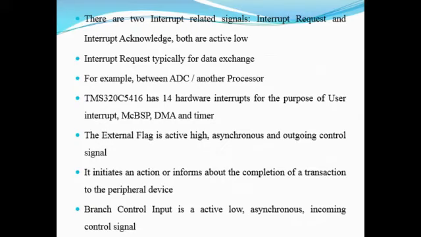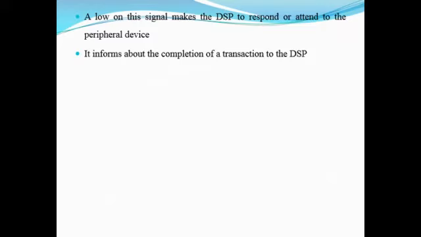Branch control input is an active low, asynchronous, incoming control signal. A low on this signal makes the DSP respond or attend to the peripheral device.